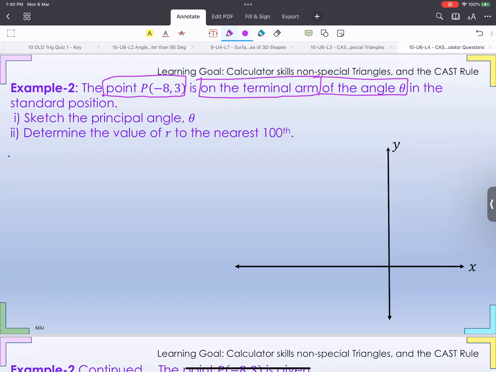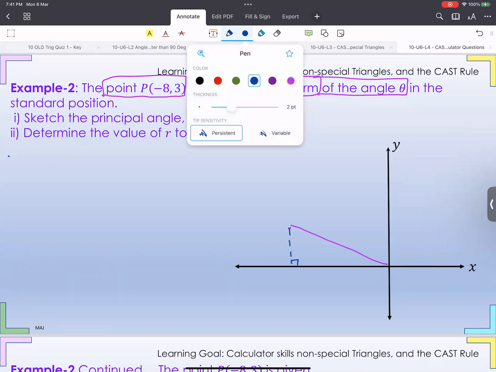in the standard position. Okay, so we're going to draw a terminal arm, but in which quadrant? It should be in the second quadrant, right? Because (-8, 3) should be in the second quadrant, because x is negative and y is positive. Okay, so we're going to drop a perpendicular here, right?